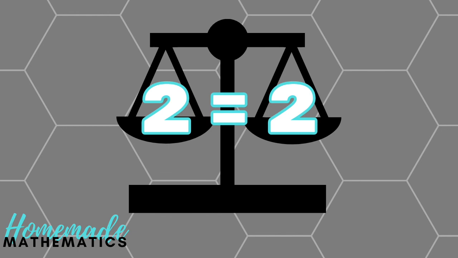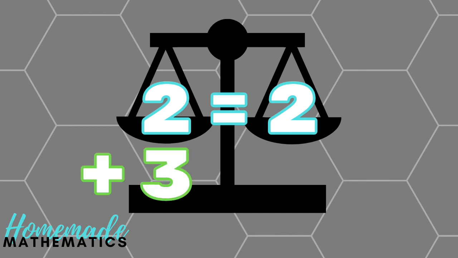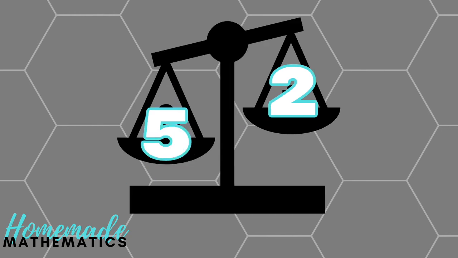I like to think of equations as a balancing scale like you can see here. On both sides, it is equal, so they are also balanced equally. However, if I were to add something to one of the sides, so let's say I were to add 3 to my left side, these are no longer balanced, so that means they are no longer equal.